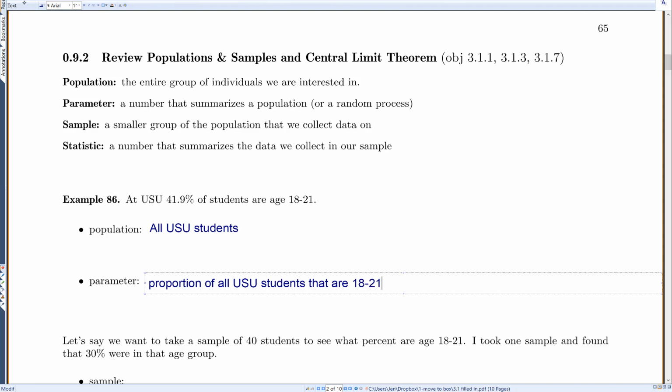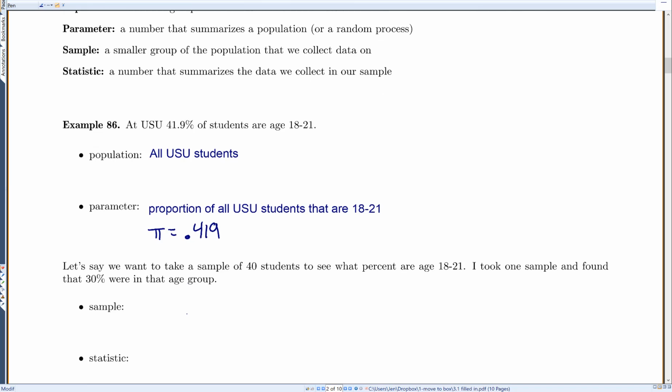Now that's how you write it out in words. We often don't know the parameter, and so we just write it out in words. But I could also write it with symbols because it did tell me the parameter. It told me how many USU students are at that age. It's 0.419. So that would be the parameter. We use a pi for the parameter proportion, or population proportion.